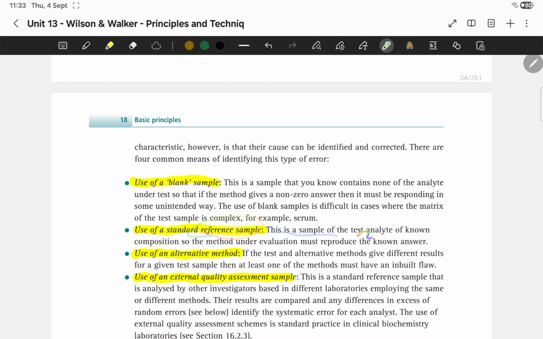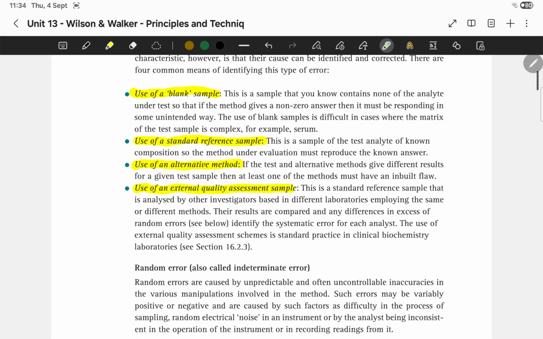The use of standard reference samples. This is a sample of test analyte of known composition, so the method under evaluation must reproduce the known answer. Alternative method. If the test and the alternative methods give different results for the given test sample, then at least one of the methods must have an inbuilt flaw. External quality assessment sample.